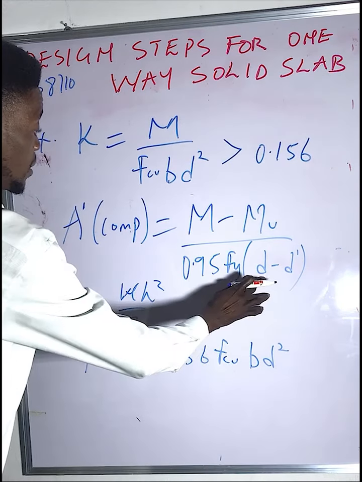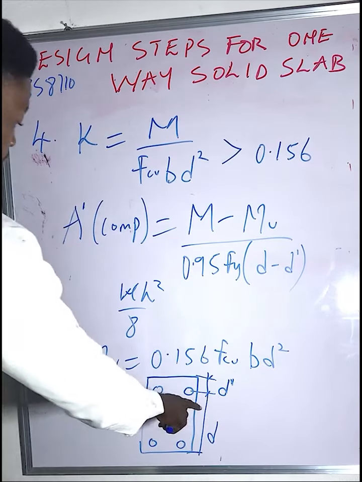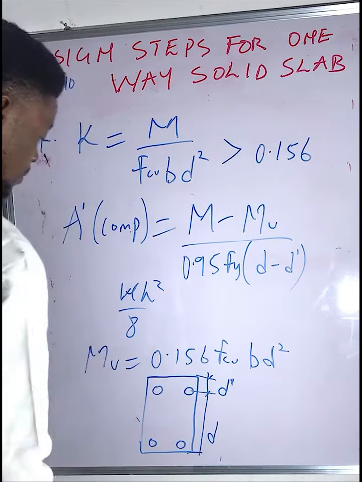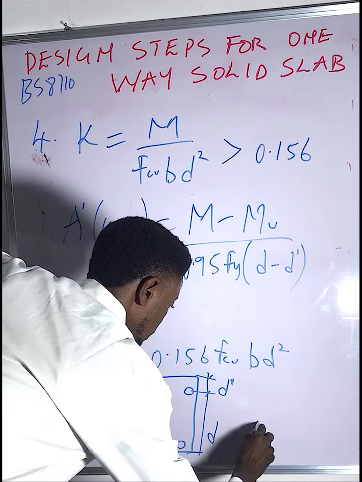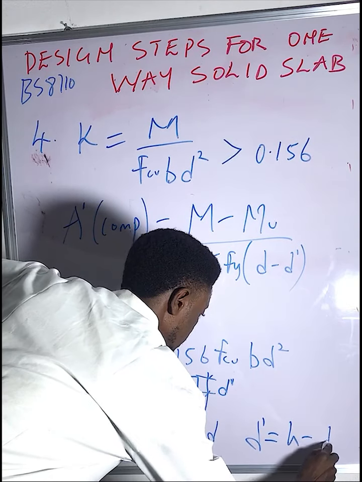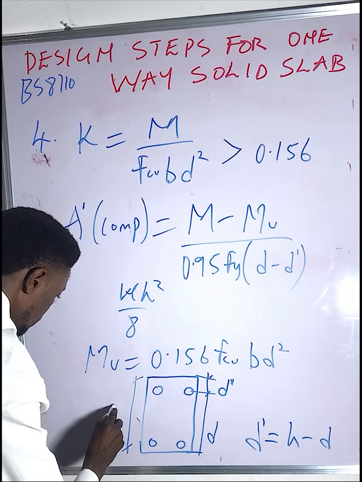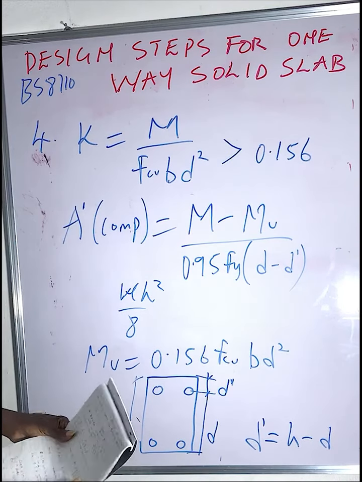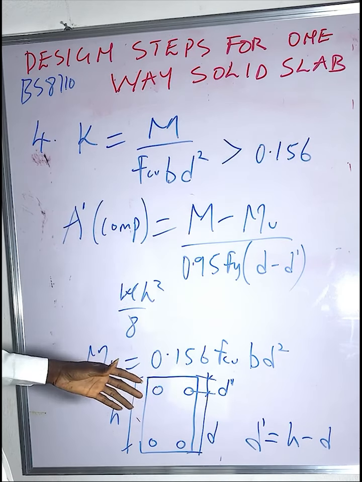You already know where this D is. Then this is your D1. Or rather, D1 is equal to H minus B.